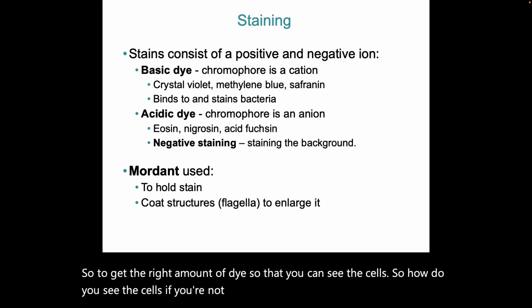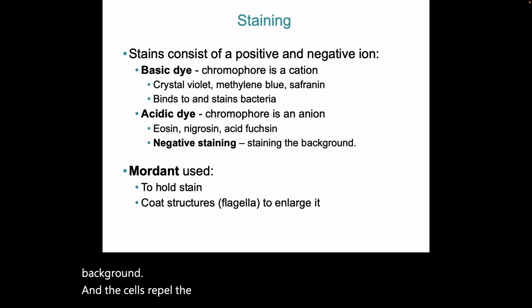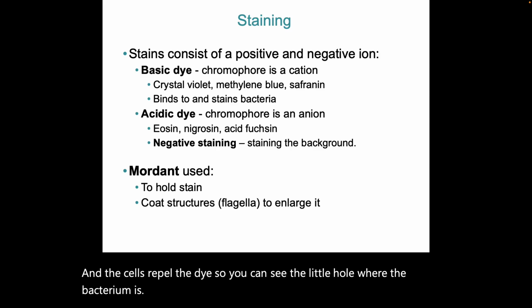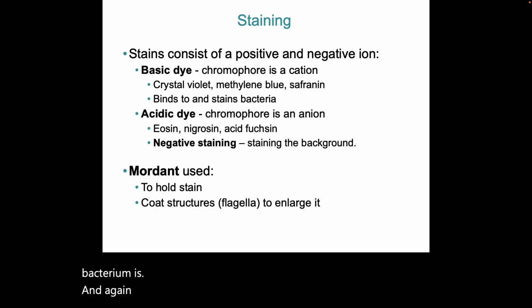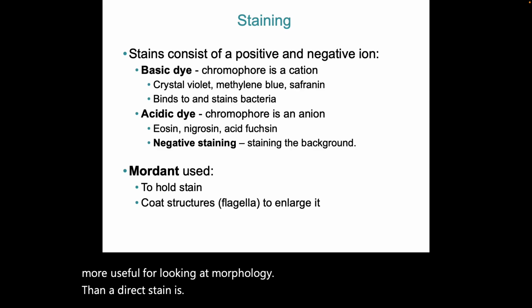Well, you've stained the background and the cells repel the dye so you can see the little hole where the bacterium is. And again, when done properly, a negative stain is actually, in my opinion, more useful for looking at morphology than a direct stain is, directly dyeing the bacterium.